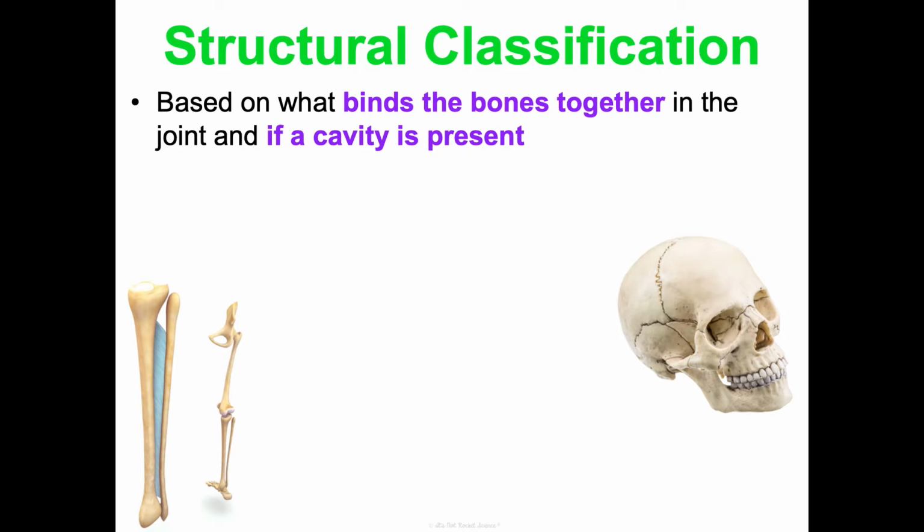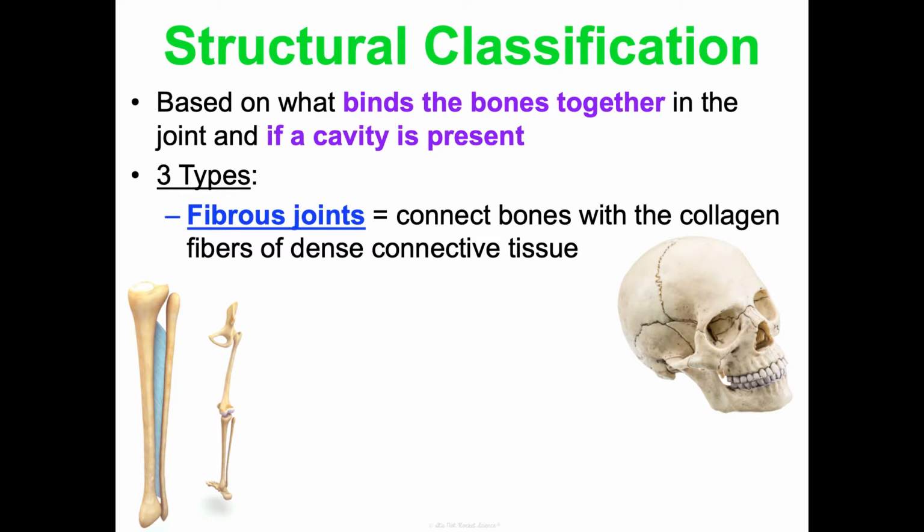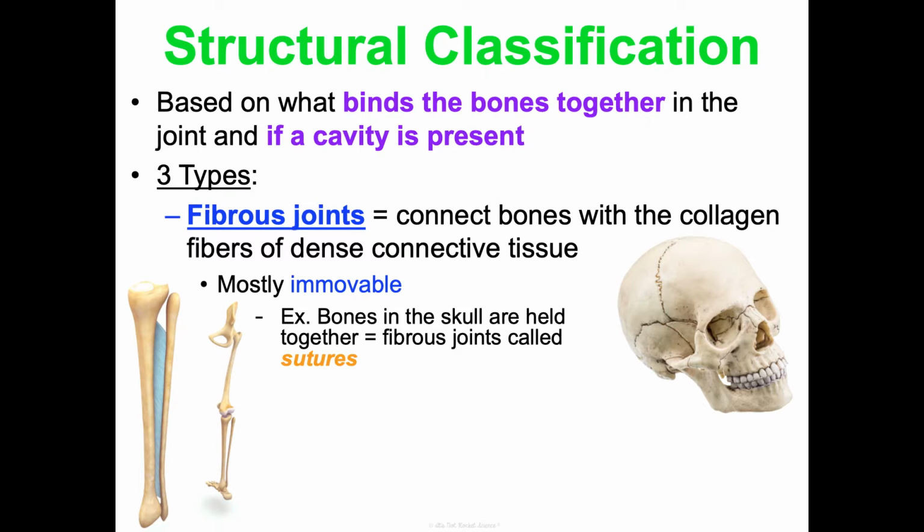All right, structural classification. This is based on what is being bound together. So what bones are we binding together in the joint, and if a cavity is present or not. And there are three types of structural classification as well. So fibrous joints connect bones with the collagen fibers of dense connective tissue, and they are mostly immovable.